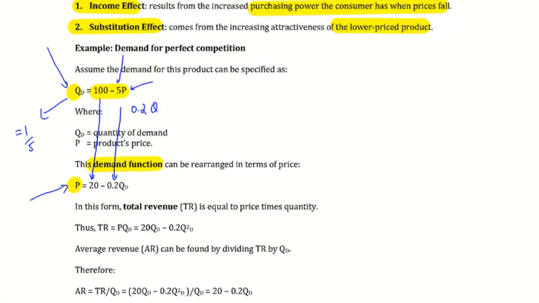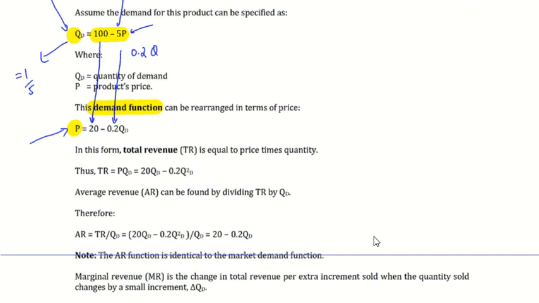In this form, what's total revenue? This is nice and easy to see as well. Total revenue is equal to whatever the price is times whatever quantity I can sell. That's the revenue that I can earn as a firm.